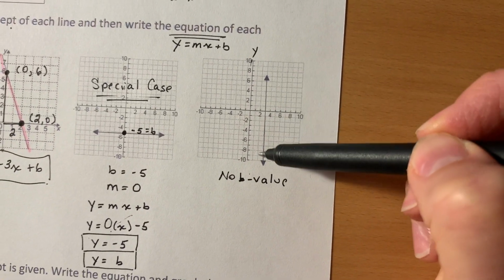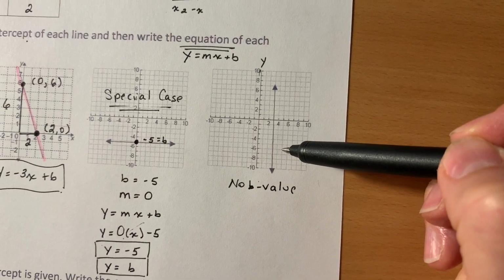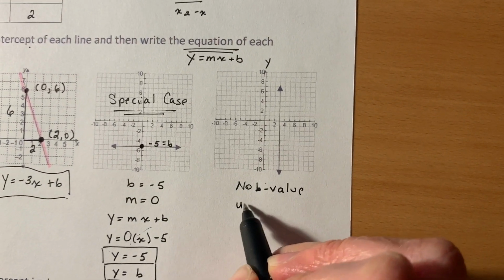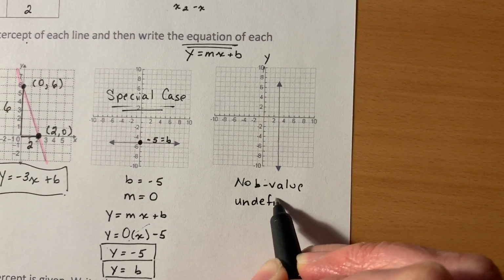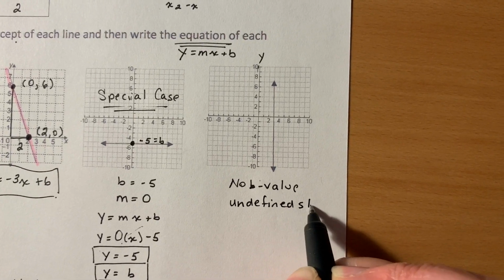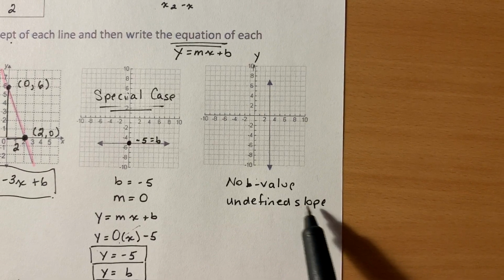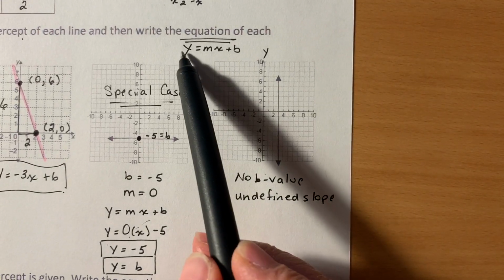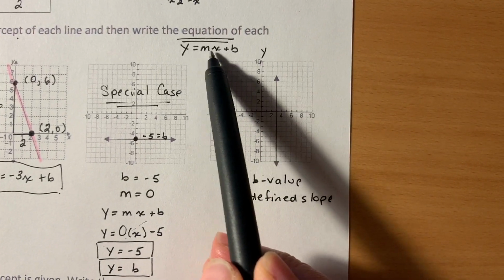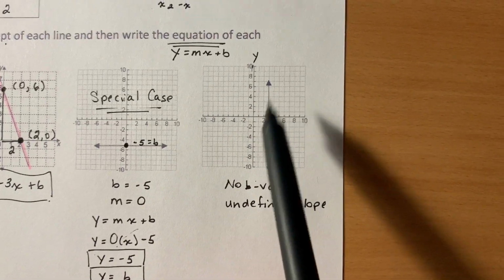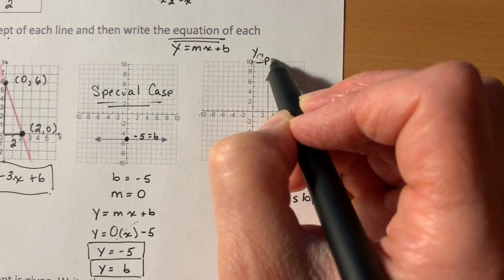Okay, this has a rise. It has no run. This has an undefined slope. So there's no slope that can be defined, and there's no b value. So I cannot write the equation in the form y equals mx plus b. This is another special case.